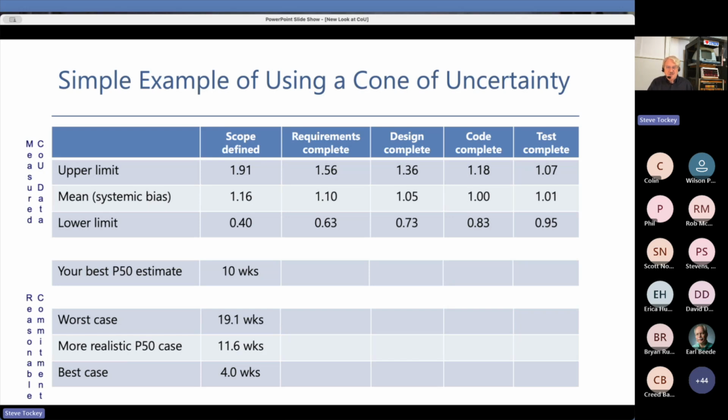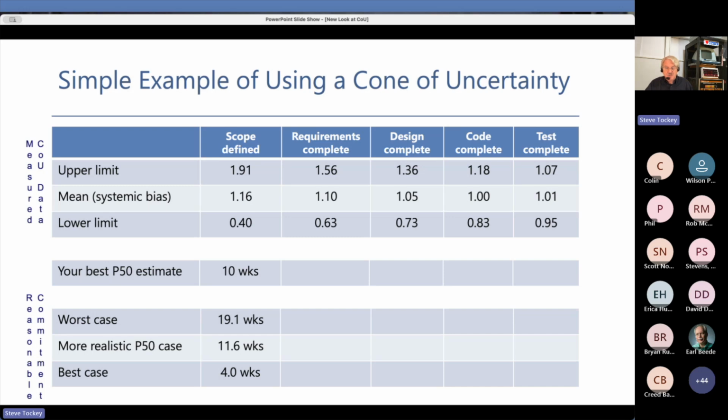My best estimate, in my heart of hearts, I think 10 weeks, but what I'm going to do is take that 10-week estimate and multiply it by the upper limit, the mean, and the lower limit, and that becomes the commitment. Okay. More realistically, it's as likely to take more than 11.6 as less than 11.6, but it could take as little as 4.